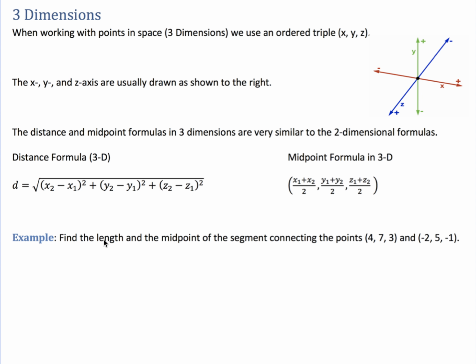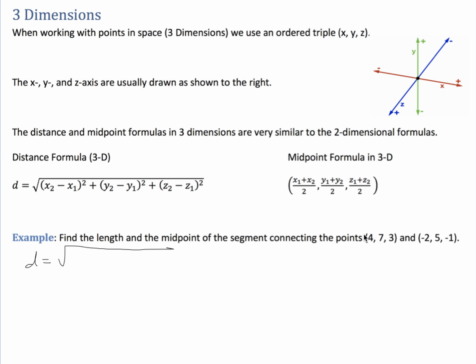So find the length and midpoint of a segment connecting these points, 4, 7, 3, and negative 2, 5, negative 1. So distance, we're just plugging in. This says x sub 2 minus x sub 1. These could be switched. It doesn't matter. It could be x sub 1 minus x sub 2. But we'll just do it like this.